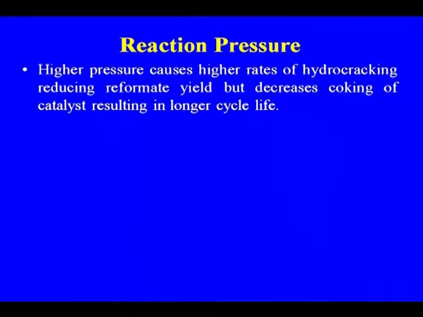Higher pressure causes higher rates of hydrocracking, reduces the reformate yield, but decreases the coking of the catalyst, resulting in a longer life. So again, you will have to take an optimum condition, because some reactions are favored and some are not favored by the pressure.